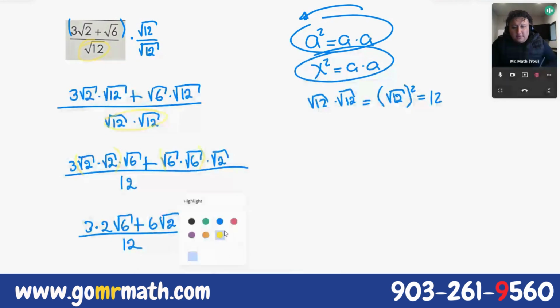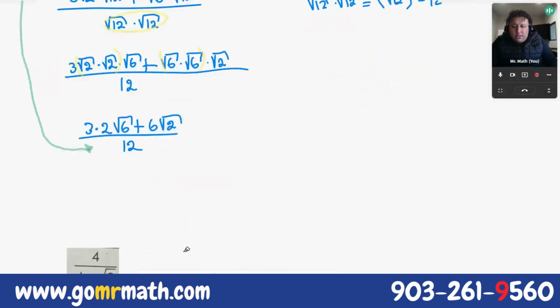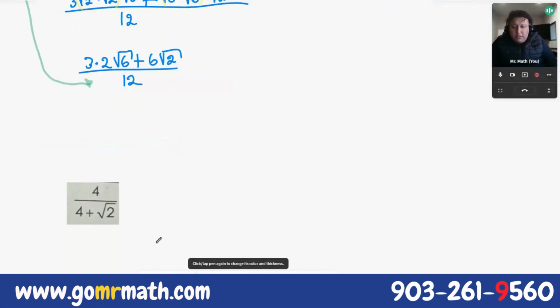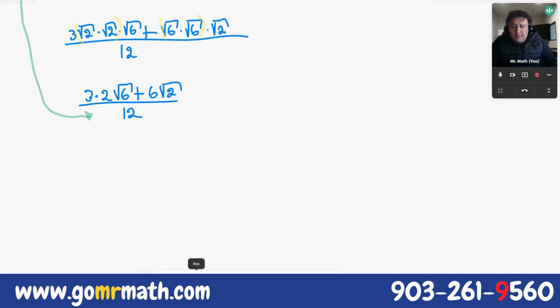Notice that we have already eliminated this square root. Look, it's not in there anymore. It's just 12. Let's continue. 3 times 2 is 6 root of 6 plus 6 root of 2 divided by 12.